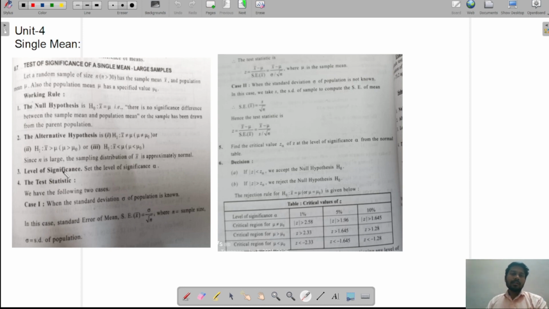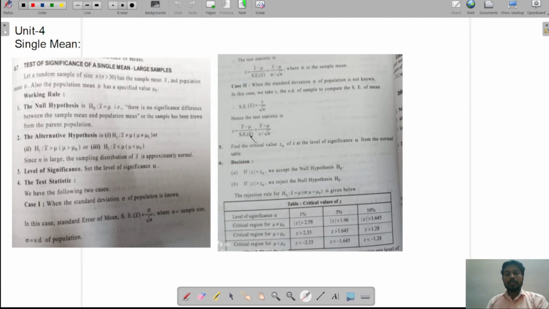It is nothing but testing the data given in the question statistically with the formula z equal to x bar minus nu by sigma by root n, where x bar is the sample mean.